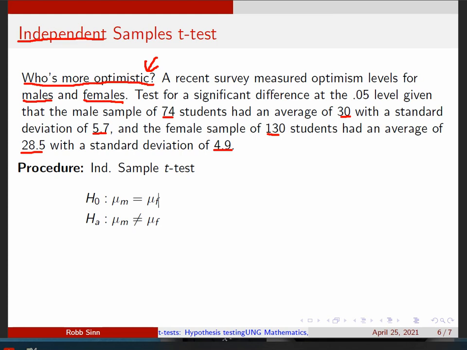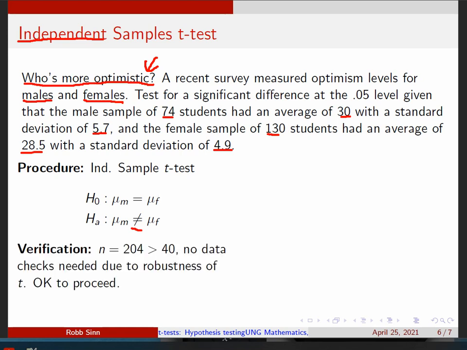Well, it says who is more. Okay, so I'm going to use the not equal to alternative hypothesis, and that's really important, that you don't go data snooping for hypotheses. You come up with a hypothesis before, as the book says, while you're planning your statistical analysis, right? You come up with what your hypothesis ought to be.